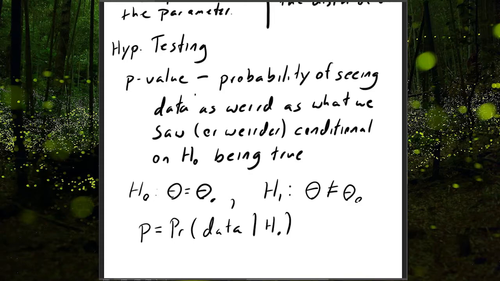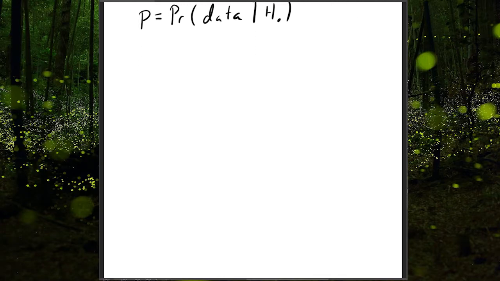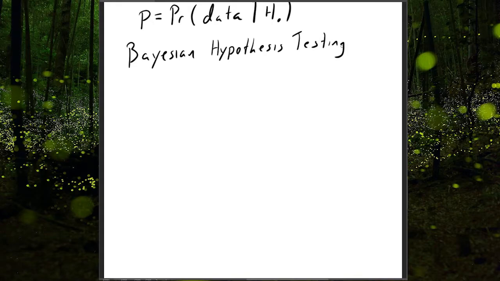What does this look like from a Bayesian perspective? Okay, so if my idea with hypothesis testing is to choose between two hypotheses, well, how is the Bayesian going to treat this problem of choosing between two hypotheses?